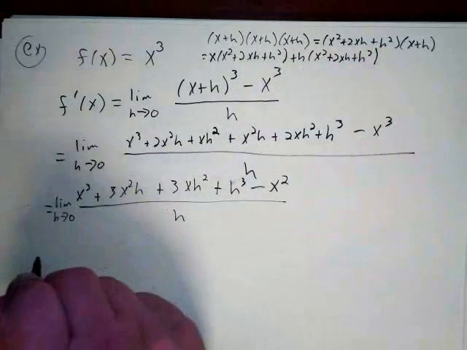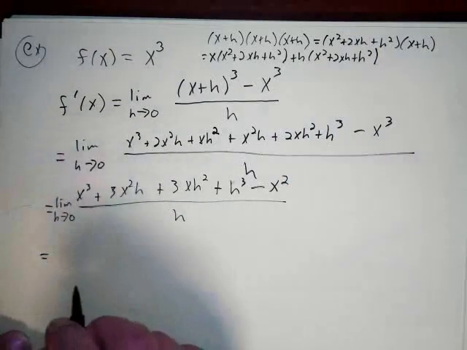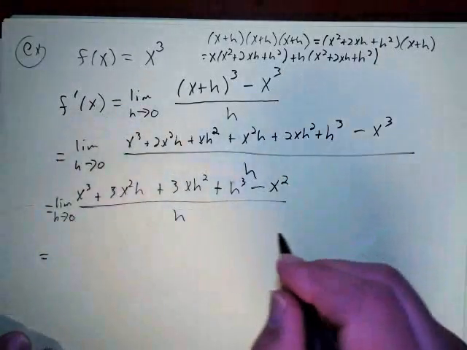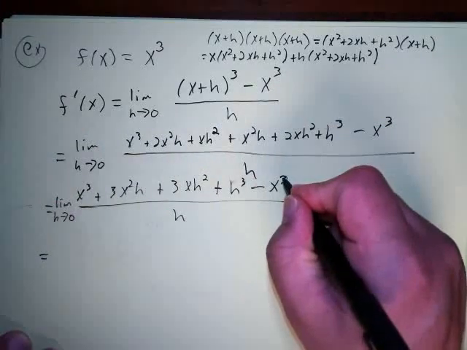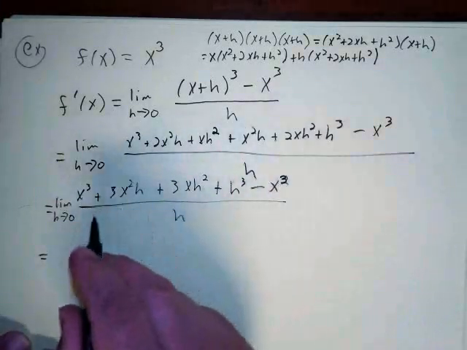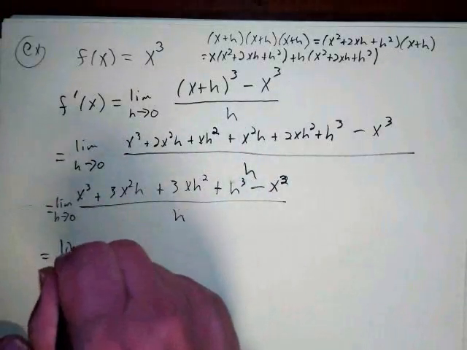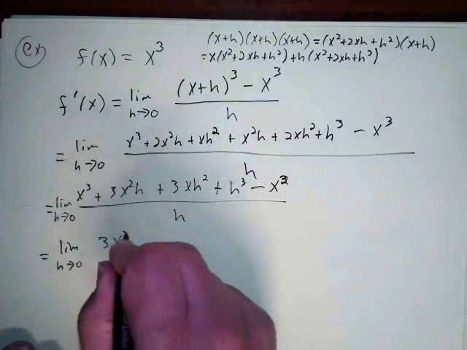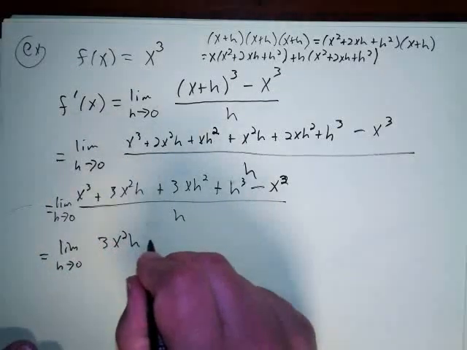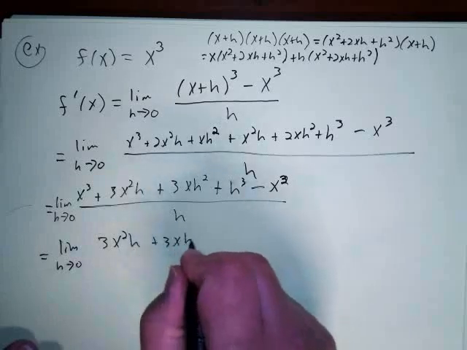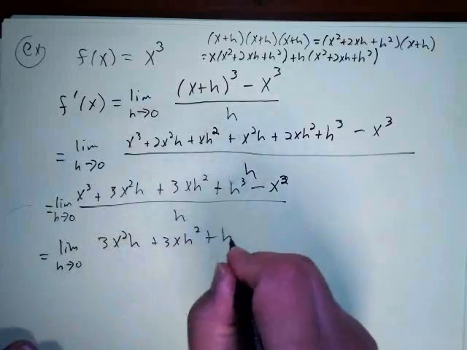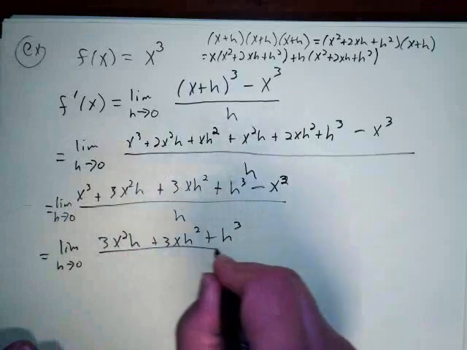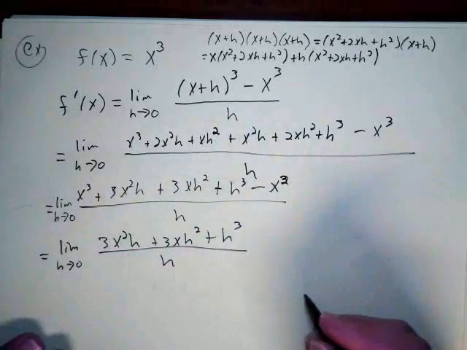Now the x cubes cancel out, so I'm left only with things that have h's in them: 3x squared h plus 3xh squared plus h cubed all over h.